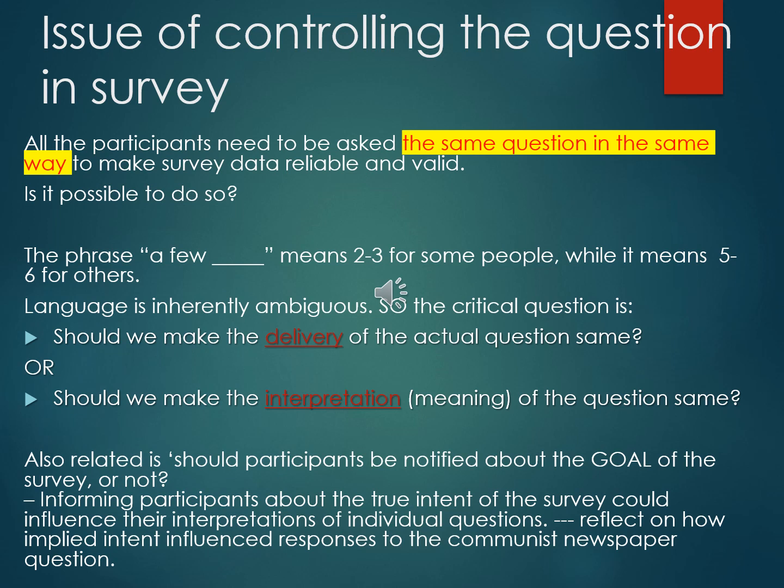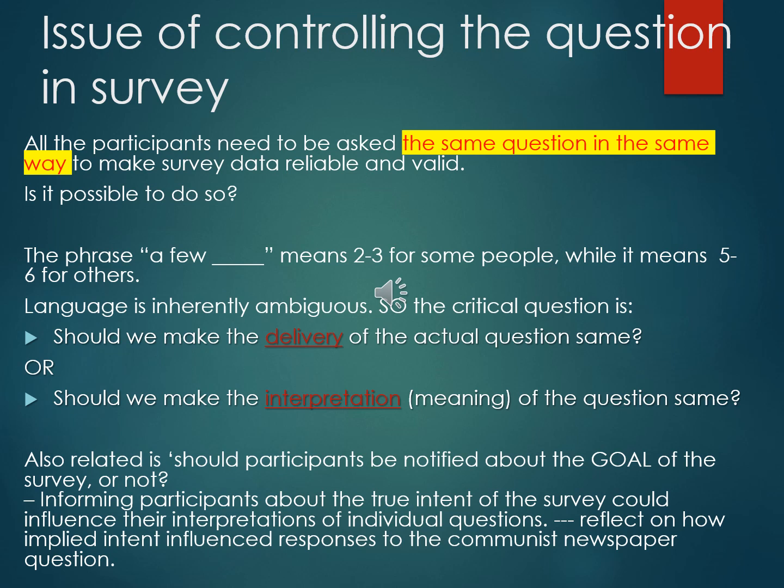So here is a larger issue, or a more extended discussion, that I would like to raise in relation to refining the survey questions. In a survey, all the participants need to be asked the same question in the same way to make the survey data reliable and valid.